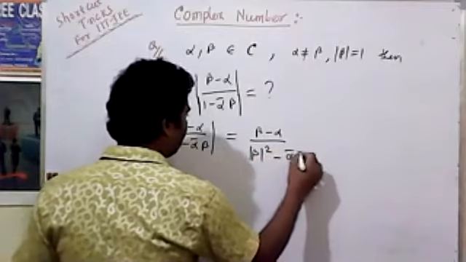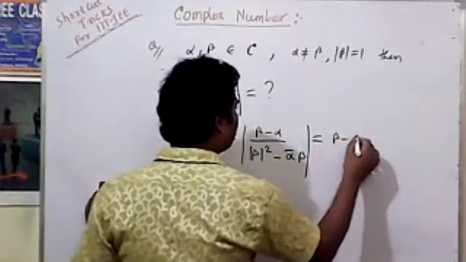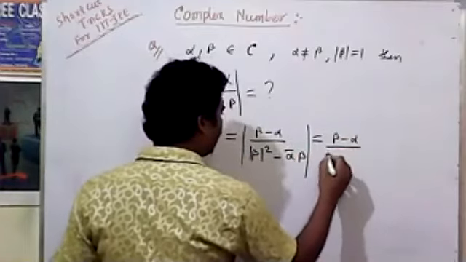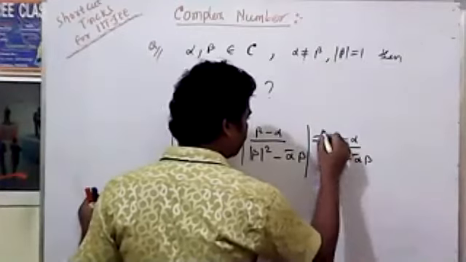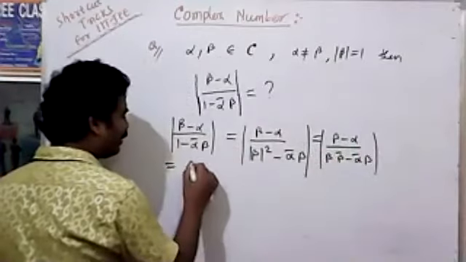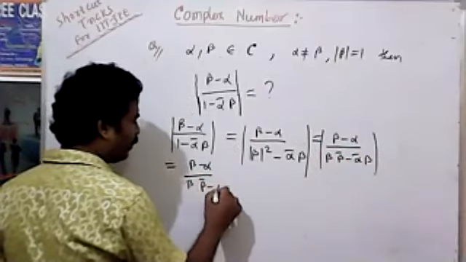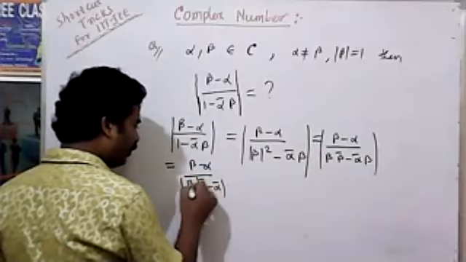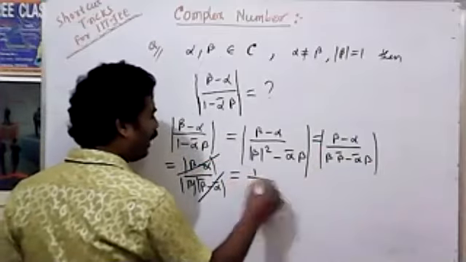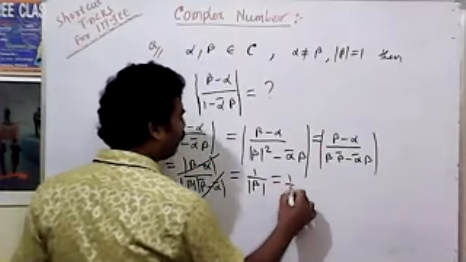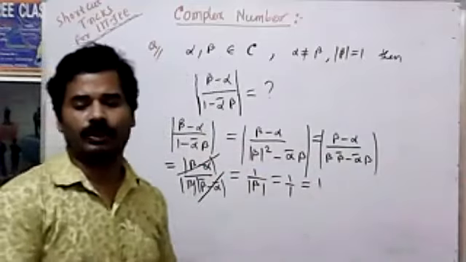That is, (beta minus alpha) by beta times (beta conjugate minus alpha), take the modulus, which is equal to 1 by the magnitude of beta, which comes 1 by 1, which is equal to 1. This value comes 1, you can do it very easily.